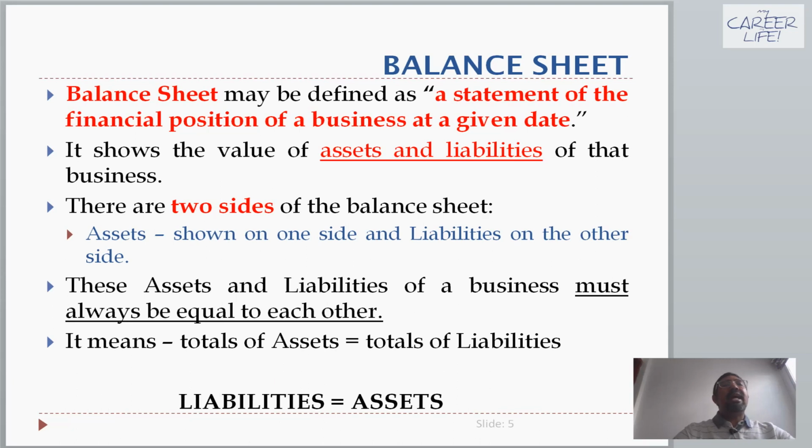There are two sides of the balance sheet. The first side, which is the assets, shown on one side and liabilities and capital on the other side. So these two have to balance. These assets and liabilities of any business must always be equal to each other. It means therefore total assets is equal to total liabilities as shown in our formula down there.